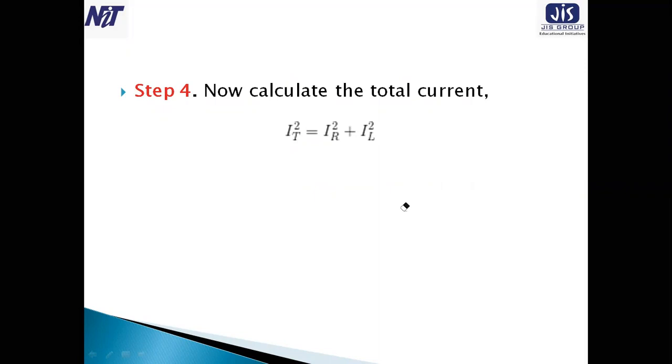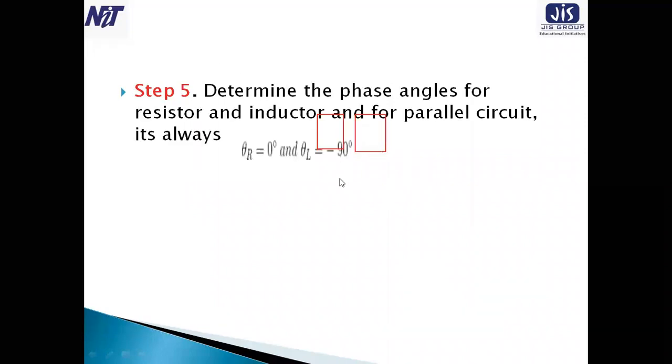If it is IT, then IT square equals IR square plus IL square. This is the method to find the total current.